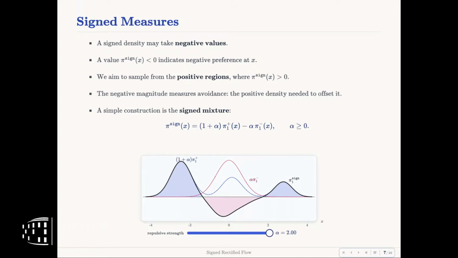So now in order to encode the preference, I'm actually using a signed density. A signed density is simply, let's say, a density function, but you can take negative values, right? You can assume that it still integrates to 1, but you can have negative probabilities, right? So the negative values encode how much you want to avoid that constraint, right? In particular, it does have some interpretation.